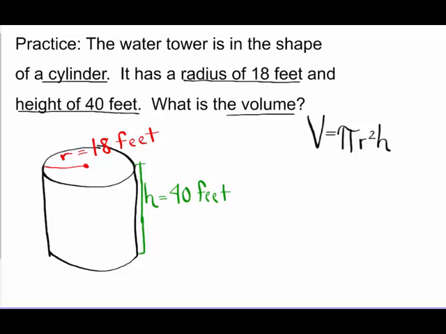The next thing that I'm going to do is use the value 3.14 for pi. So I have the formula pi, or 3.14, multiplied by 18 squared multiplied by 40.